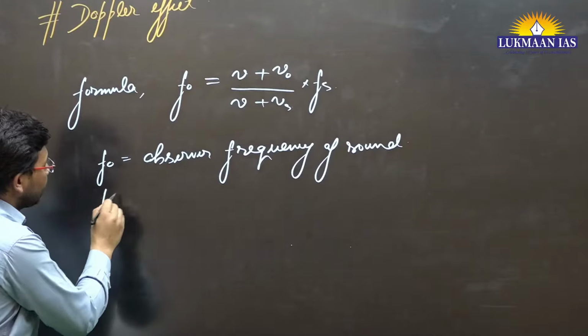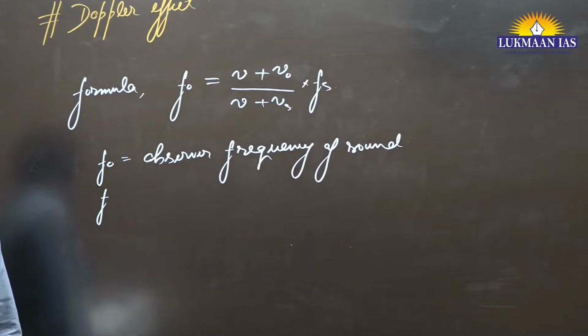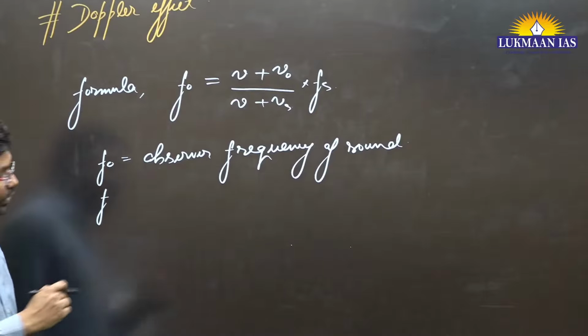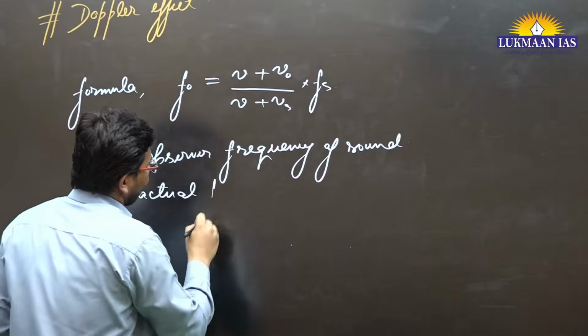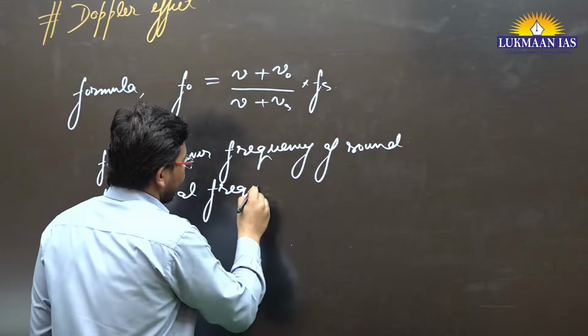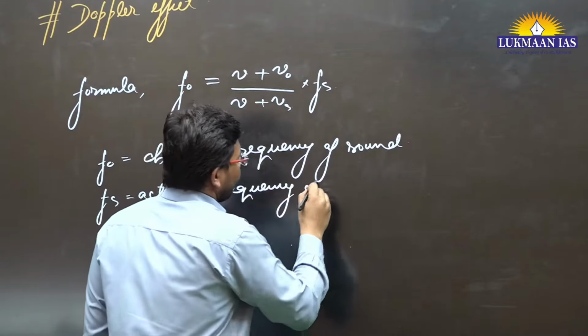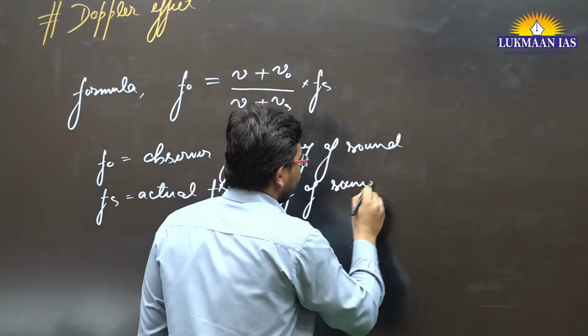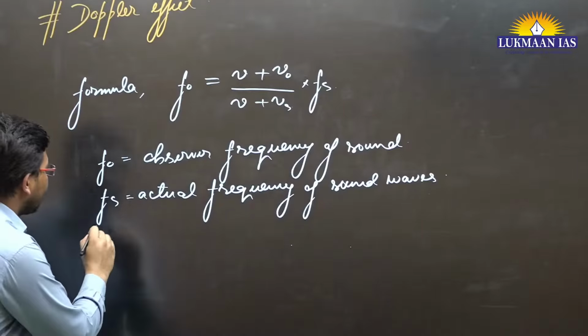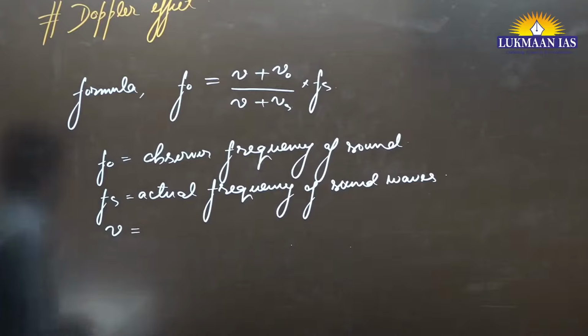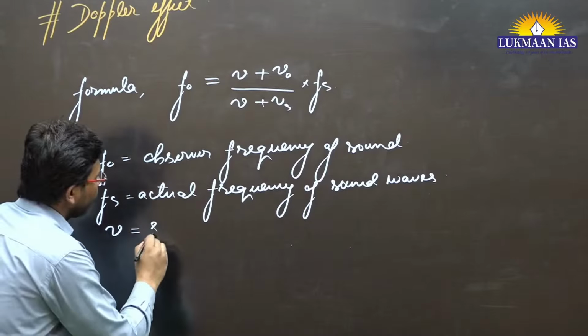Now write down fs. fs is the actual frequency of sound waves. Now write down v. What do we mean by v? v is the speed of sound waves.